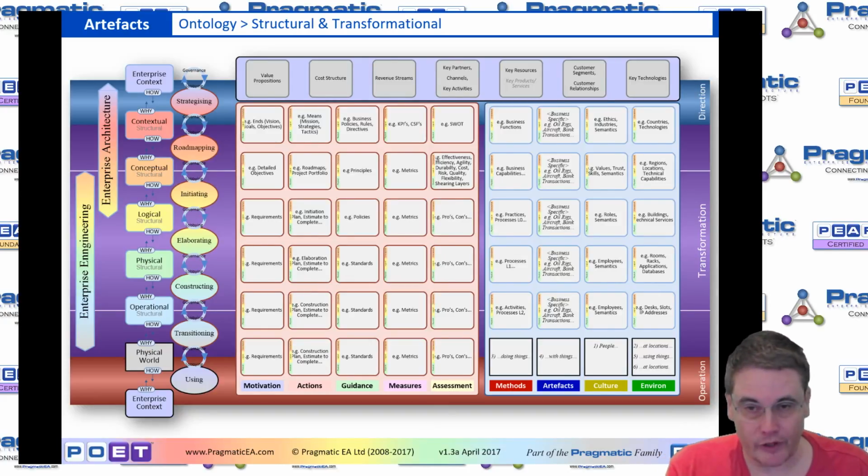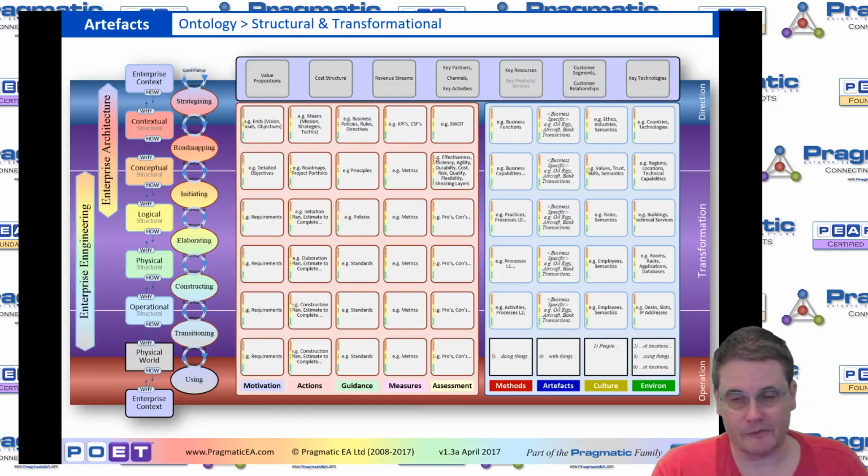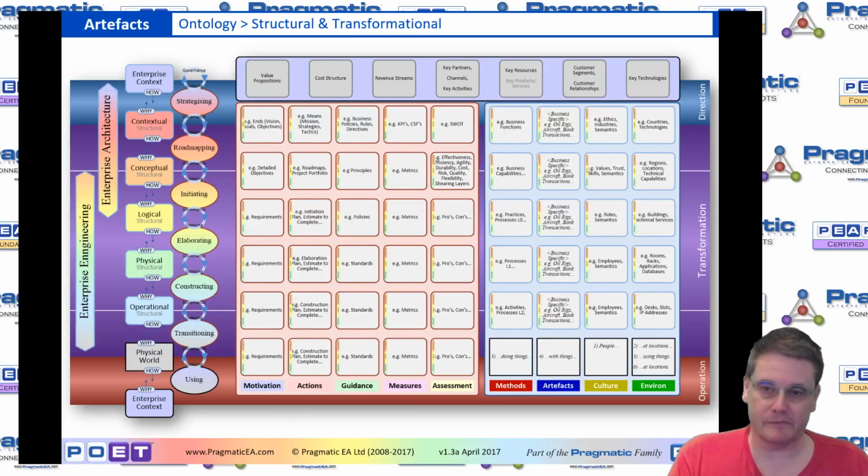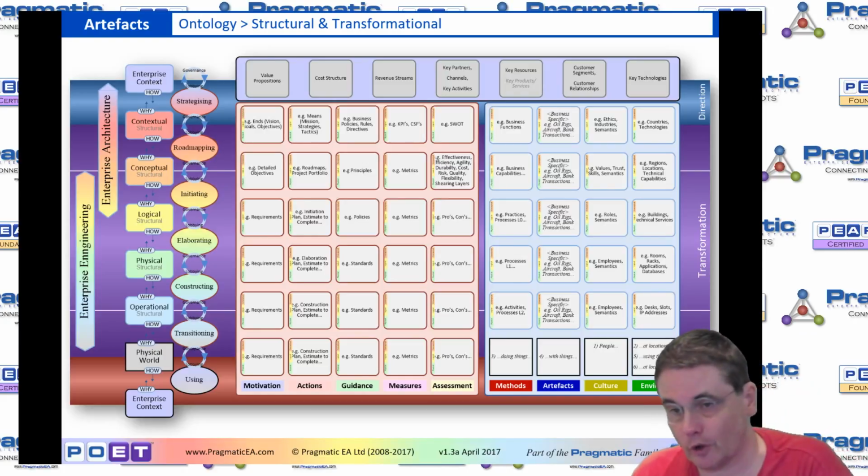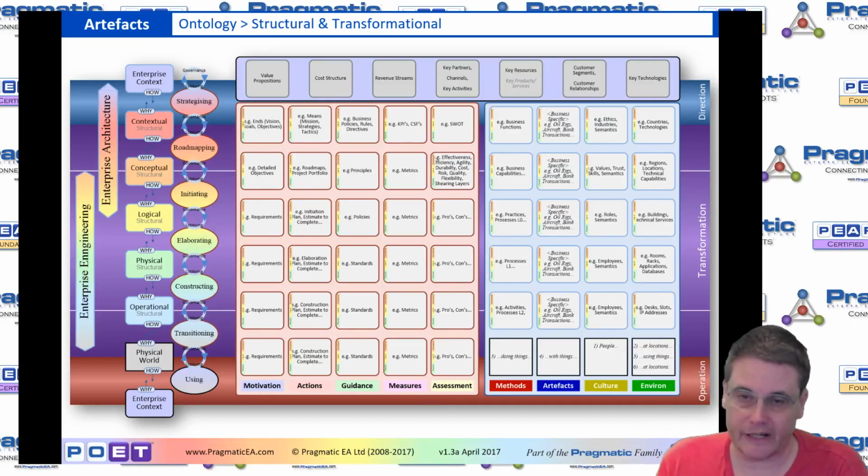Which is really ironic because a large number of the people working in the transformation domain are IT people, and IT is all about information and data, so you'd have expected us to get our data right. The problem is, of course, we're not allowed to get our data right, because to get our data right and to mature how we do enterprise architecture and our transformation, we need money from management, and management a lot of the time doesn't want to spend any money on maturing the transformation domain, largely because they're all being driven to mature the operations domain, because that's where the money comes from.